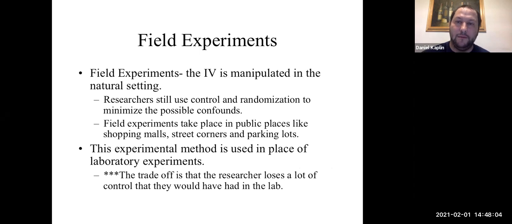So you have a dilemma whether to use a true experimental design in the lab, which is artificial, a field experiment, which has less control, which interferes with your cause-effect interpretation, or to do a non-experimental design. The choice is yours. Now, I'm going to say something that is going to be useful at a later point. When we talk about lab experiments that have greater internal validity, field experiments have greater external validity.